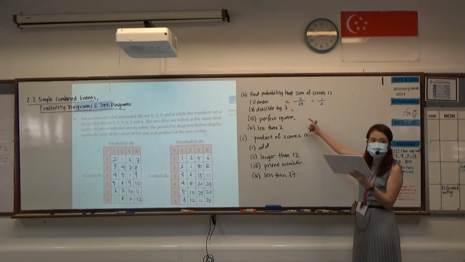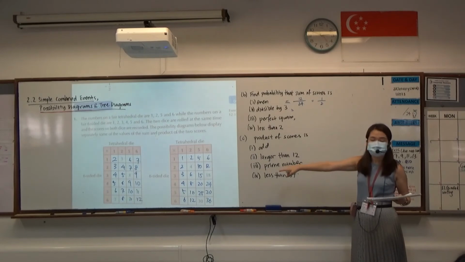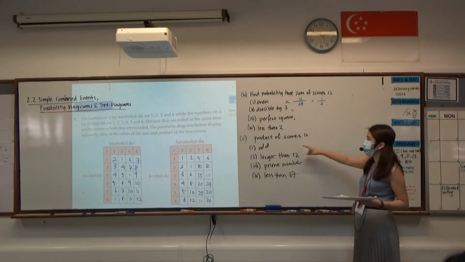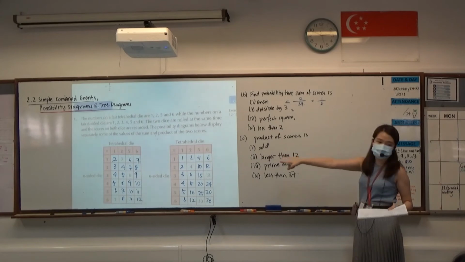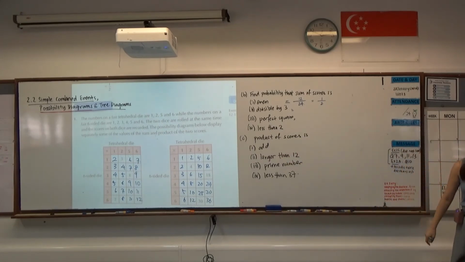You haven't done this? Then what were you doing? You took 5 minutes to do that. Okay. No, you just count out the table provided to you. Sum is divisible by 3.